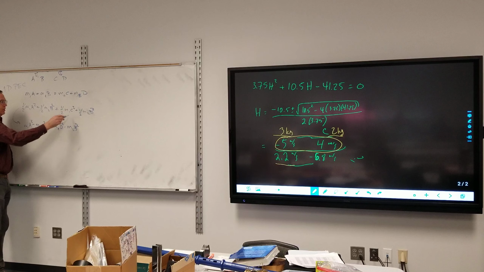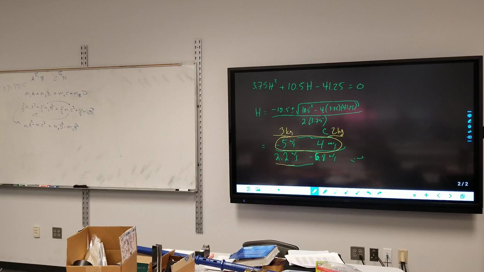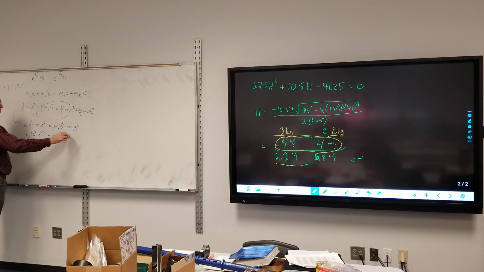So I just brought this over to the left and that over to the right. Factoring the m1 out, I get m1 (a squared minus c squared) is equal to m2 (d squared minus b squared).